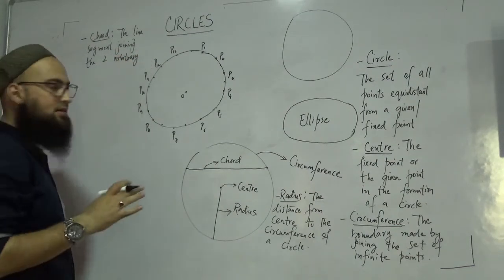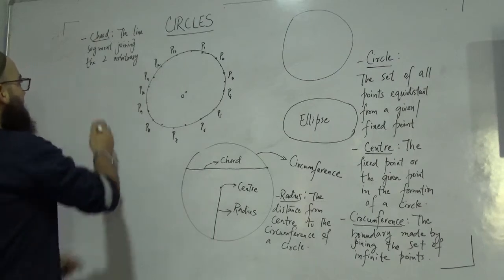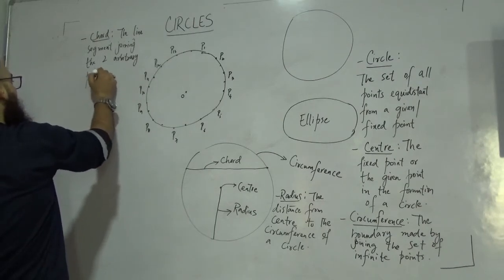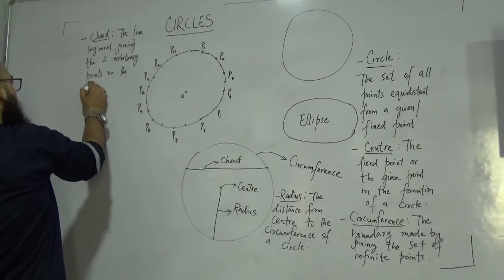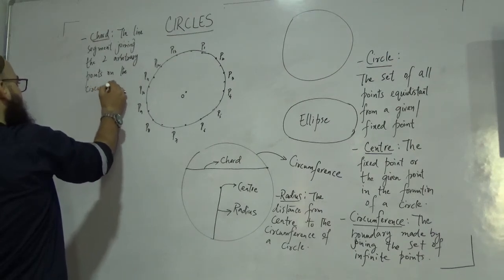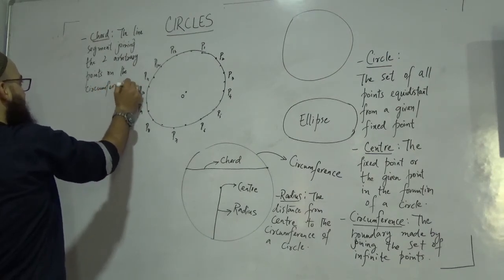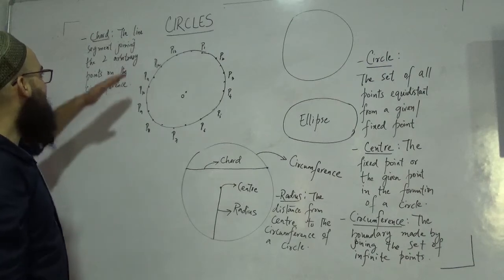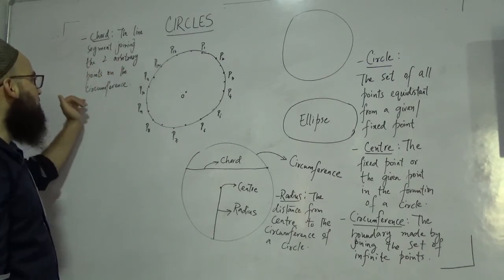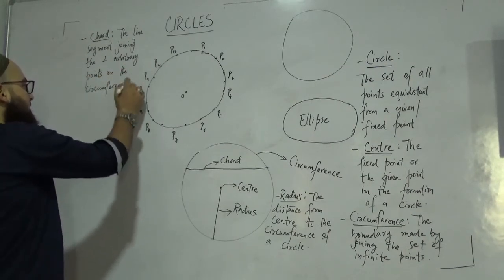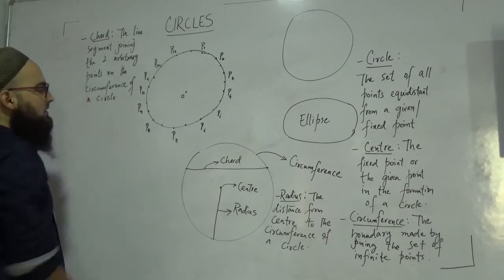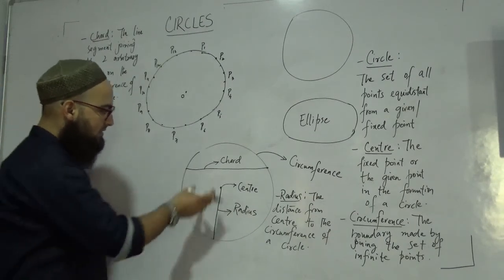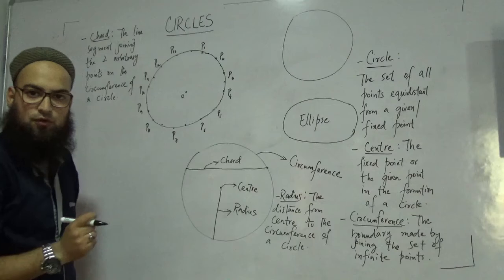Arbitrary means any random points. The line segment joining the 2 arbitrary points on the circumference of a circle. That's called the chord of a circle.